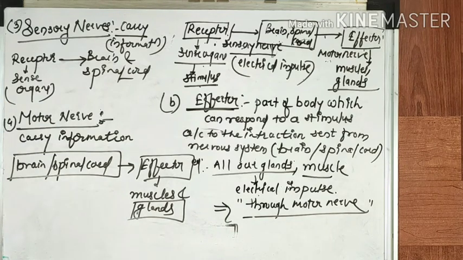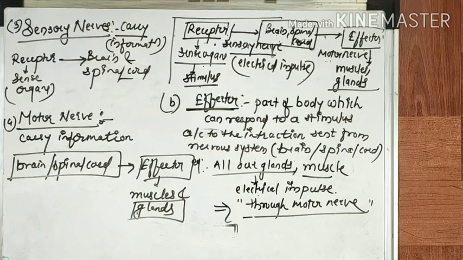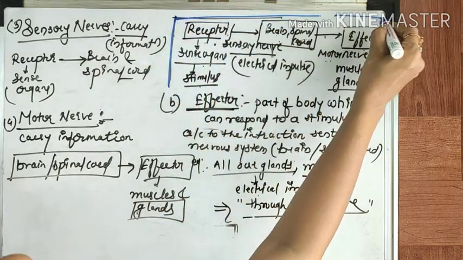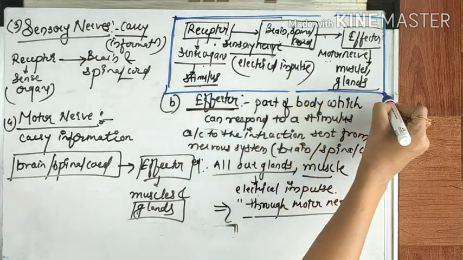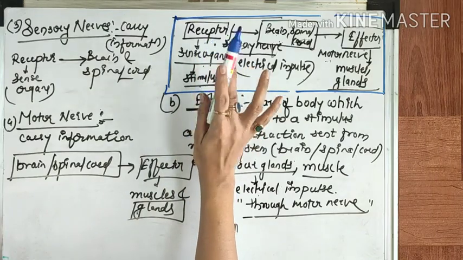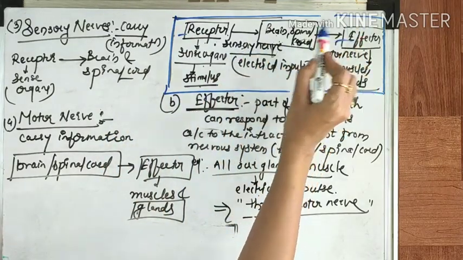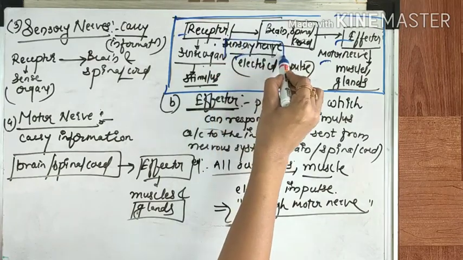Receptor is nothing but a group of cells that receive the stimulus and pass the message to the brain and spinal cord through the sensory nerves. Here I will show you how it works.